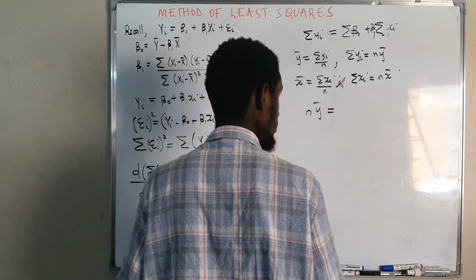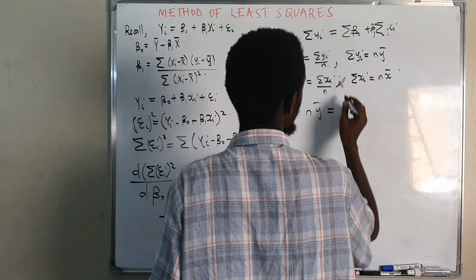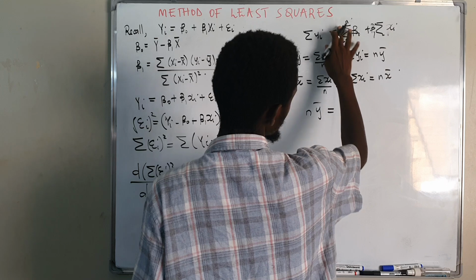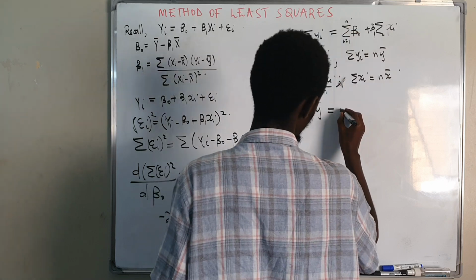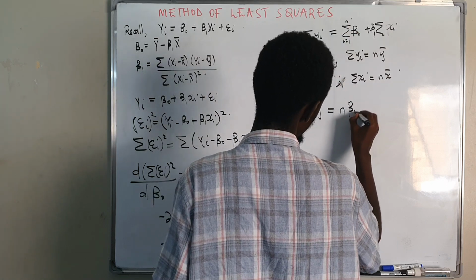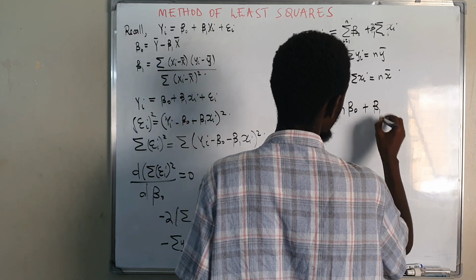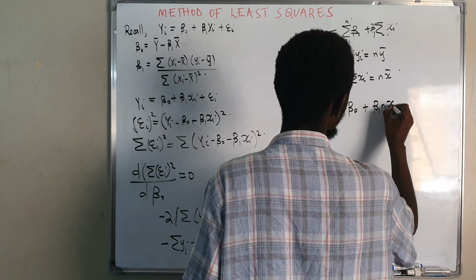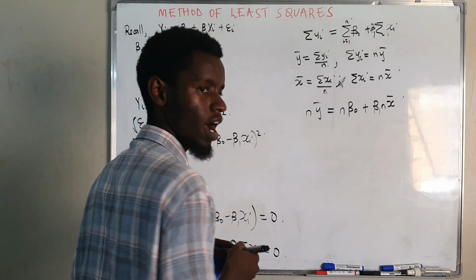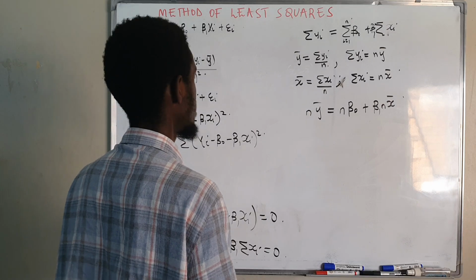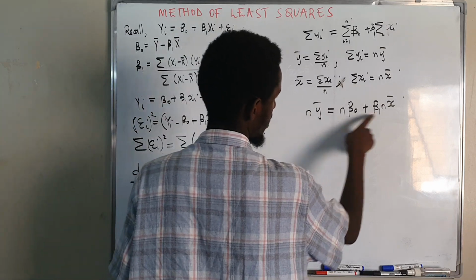Then also here, remember this is just b naught, and I'm summating from i equals 1 up to n. I said if I'm summating a constant, just multiply n times the constant, so I have n b naught plus b1, then n x bar. Now from this step, I'm seeing that n is constant everywhere, so I just divide by n.